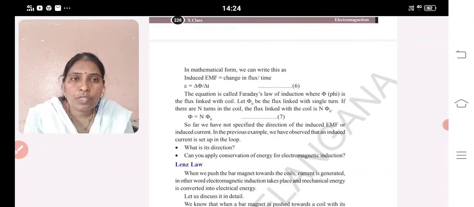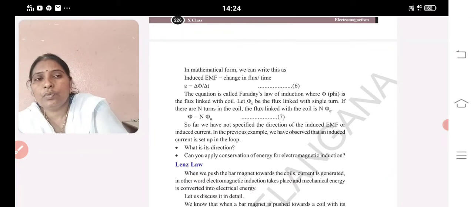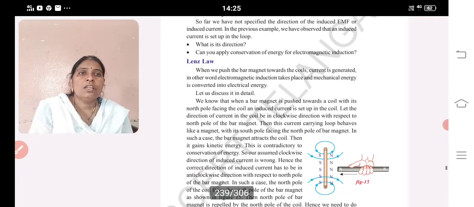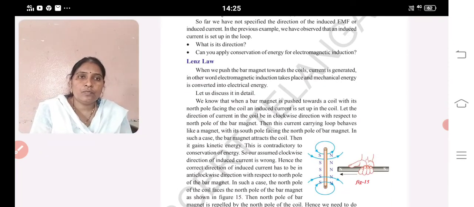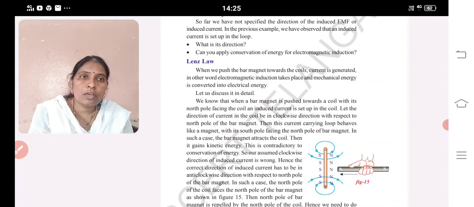When we push the bar magnet towards the coil, current is generated. In other words, electromagnetic induction takes place, and mechanical energy is converted into electrical energy. Let us discuss in detail. We know that when a bar magnet is pushed towards the coil with the north pole facing the coil, an induced current is set up. Let the current in the coil be clockwise with respect to the north pole of the bar magnet.